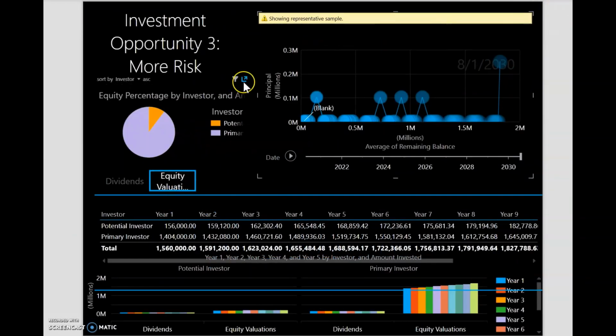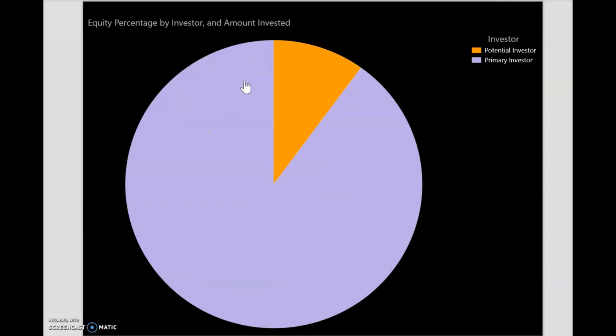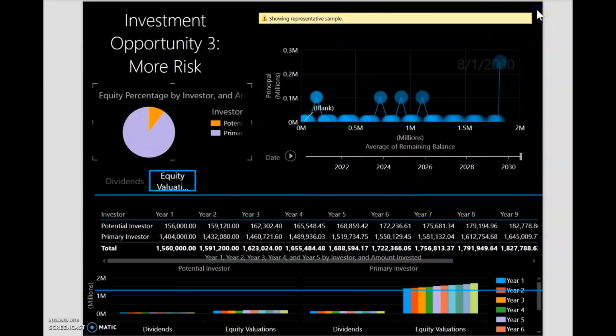And like strategy number 2, we are including 10% buy-in at $250,000 for the secondary investor, the potential investor, and that gives them the right to claim 10% of all distributions as well as asset valuations and appreciations. And I also included the raw data like I did in strategy 2 and a chart to clearly see the numbers of appreciation per investor.